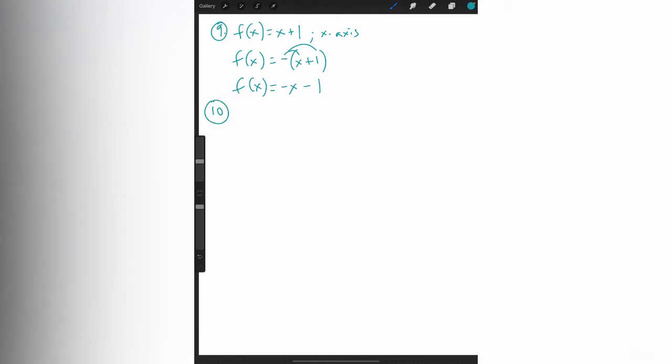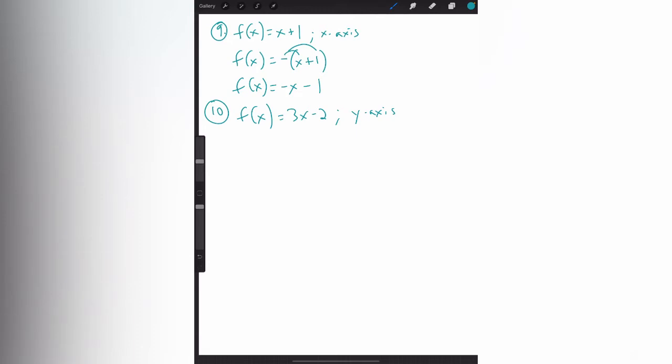And then for number 10, I have f of x is equal to 3x minus 2. And I'm going to reflect it over my y-axis. And what I would do for everything reflected over the y-axis, I would turn the x negative.